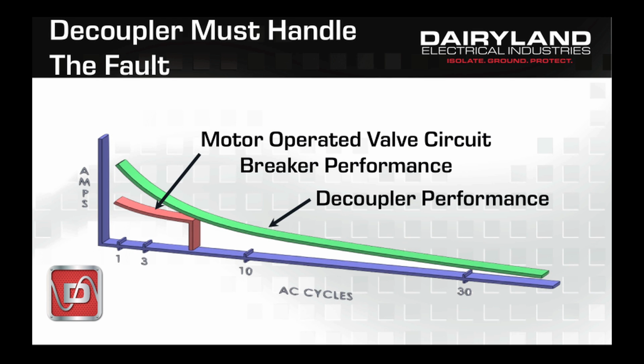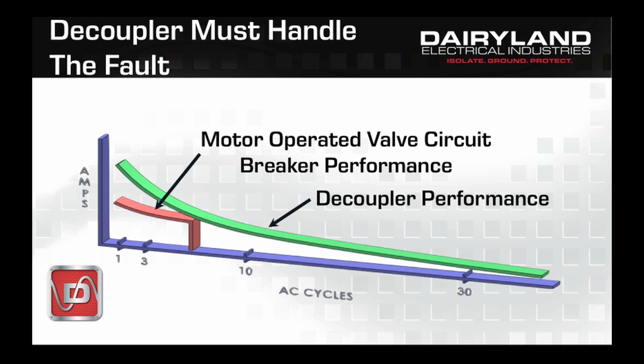It's important to understand this concept of current decreasing with time when we talk about the rating of our device compared to the rating of the circuit breaker that may be protecting an AC power line. So on this chart, I superimposed the circuit breaker performance controlling, say, a motor-operated valve underneath the performance of our decoupler.